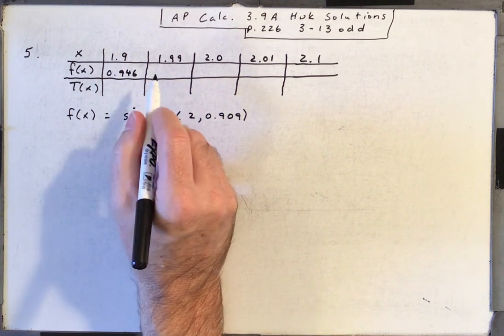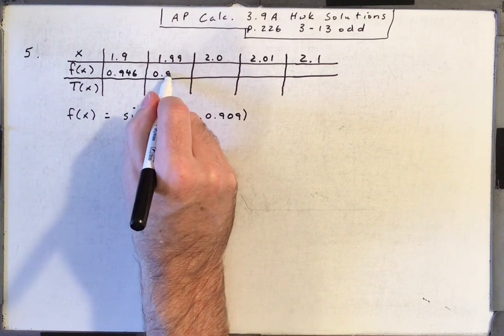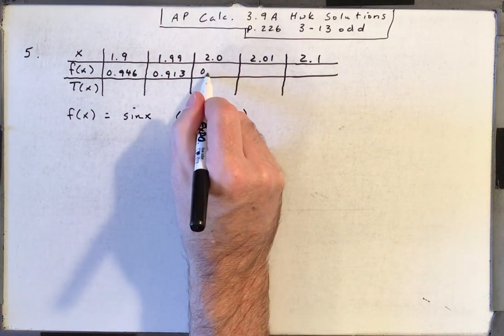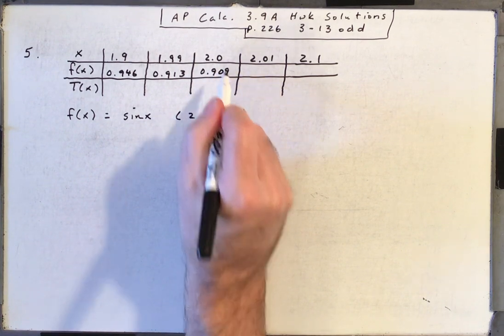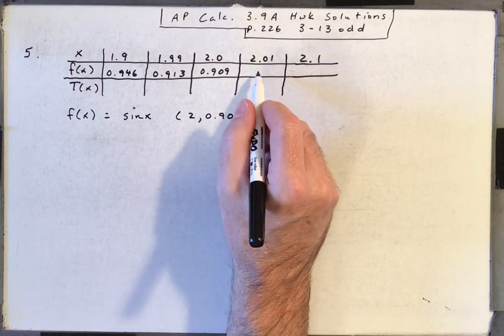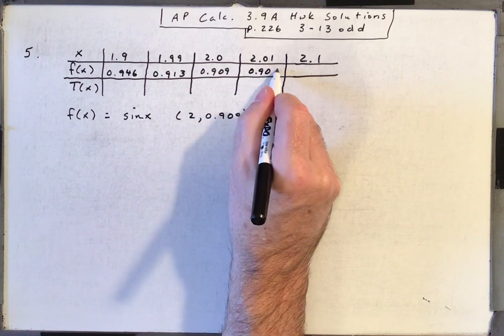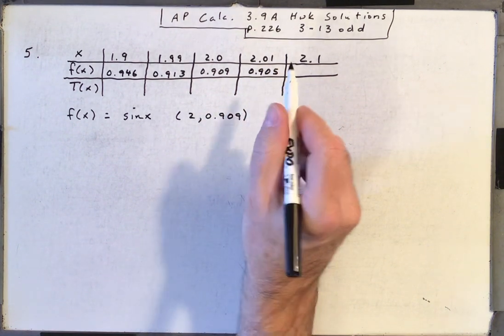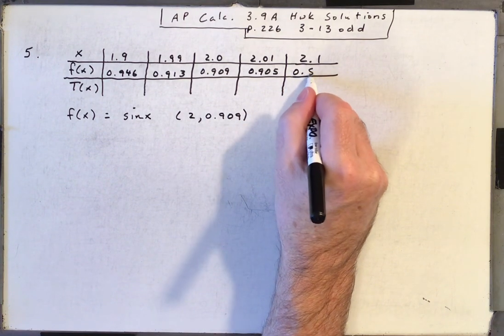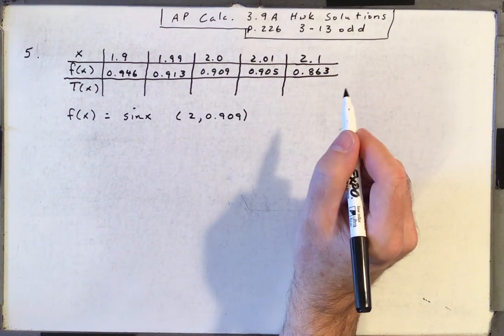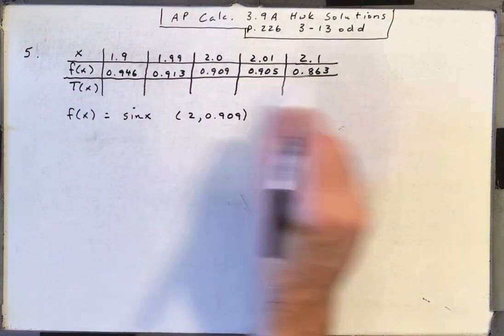For 1.99, you get 0.913. Then 0.909, which of course makes sense, then 0.905, and then 0.863. Okay, so we've got that top part filled out.